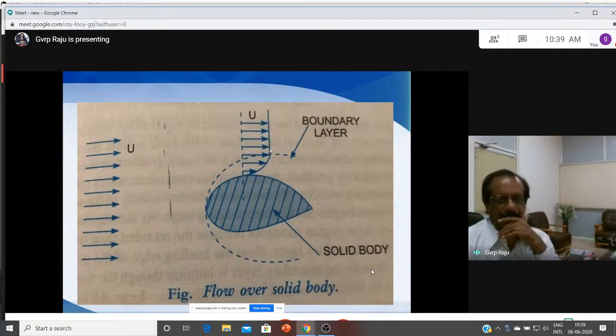Then what happens here? If you take shear stress, what is the equation of shear stress?